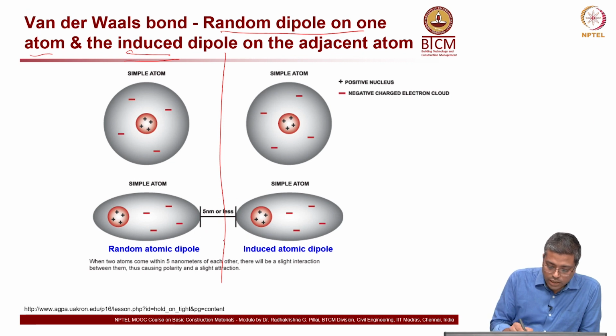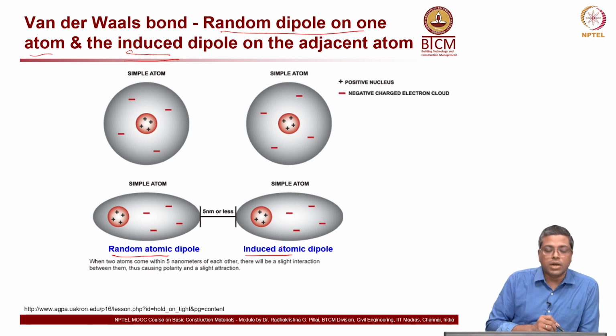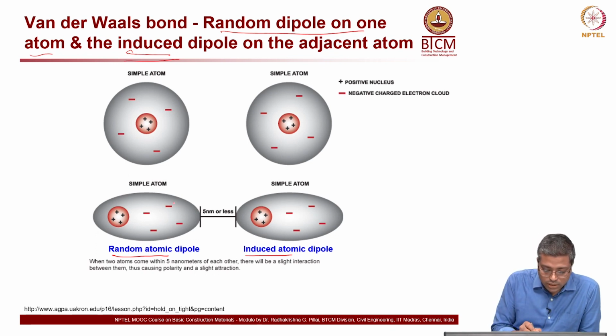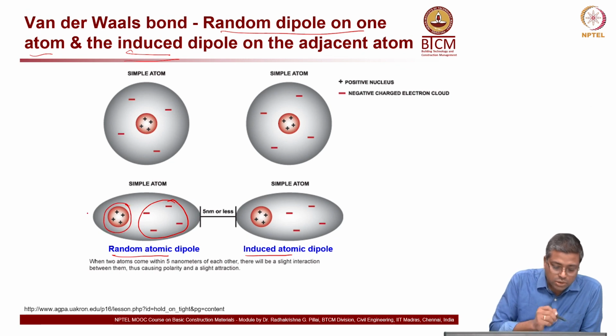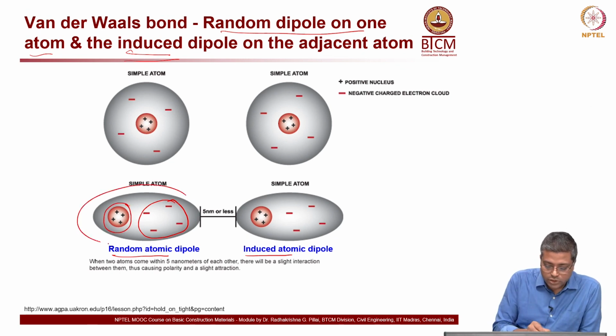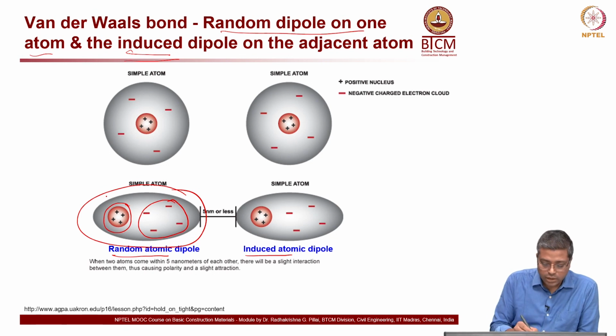On the left side you see random atomic dipole, on the right side you see induced atomic dipole. On the left side you can see this negative charge is polarized towards the right side, and the positive charge is polarized towards the left side of this atom.